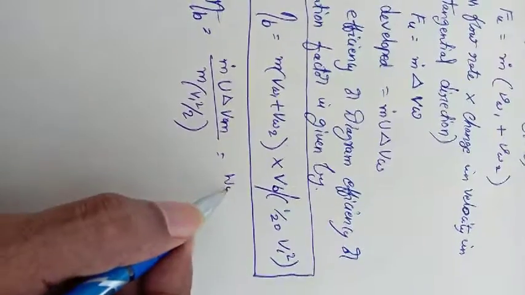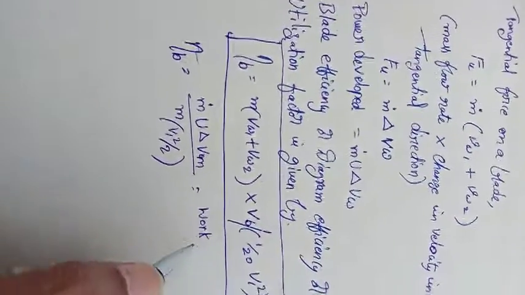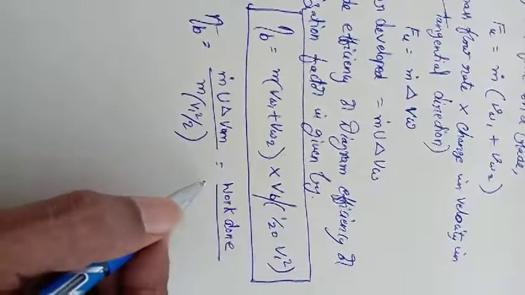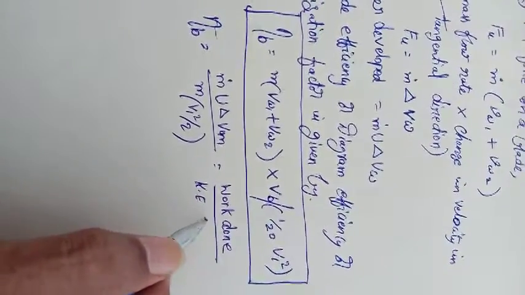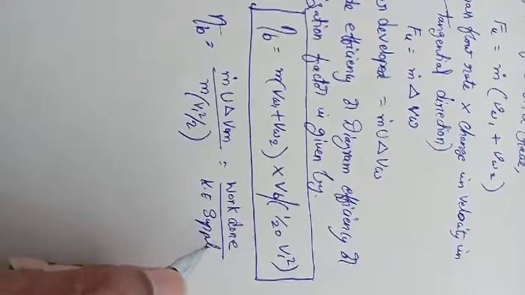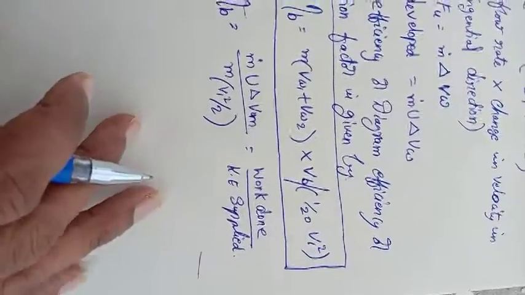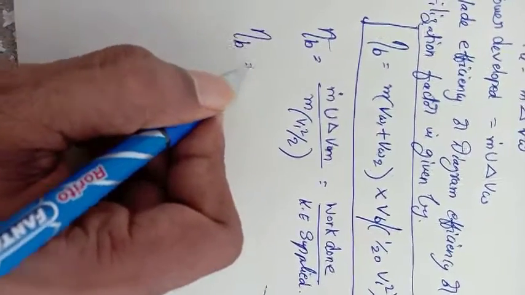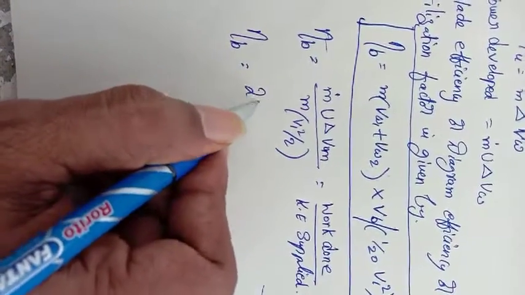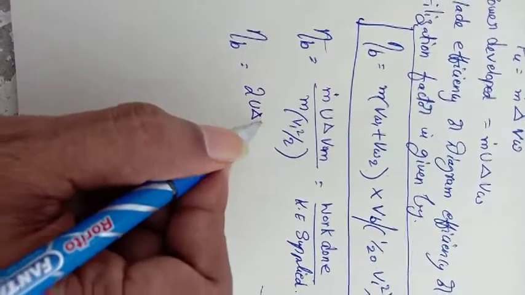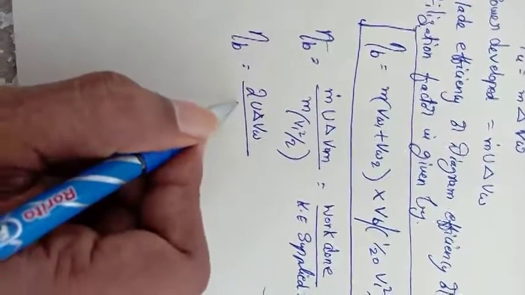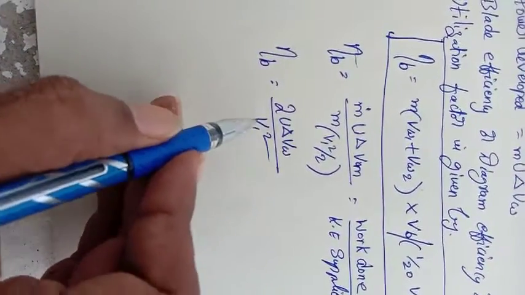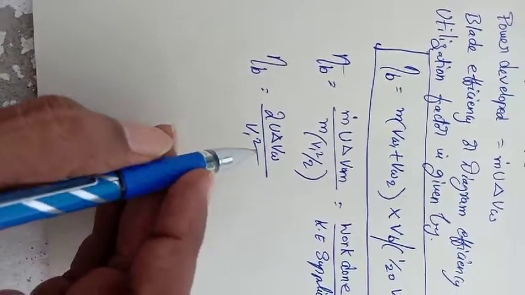So this is coming from work done divided by kinetic energy supplied. Then the efficiency of blade is equal to 2u change in wheel velocity divided by V1 square.